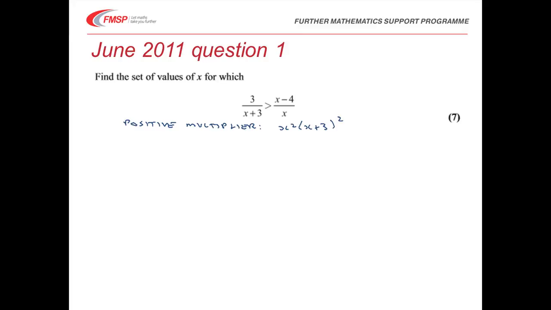So I'm now multiplying both sides by that multiplier, and the inequality will remain exactly as it is.